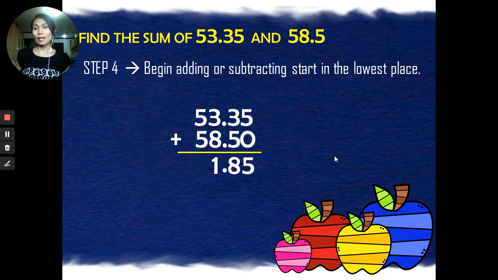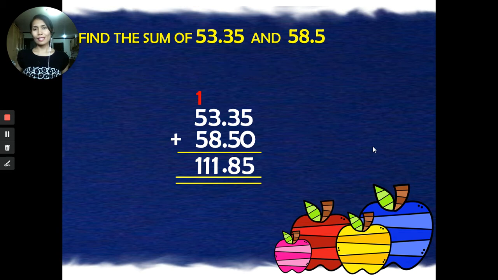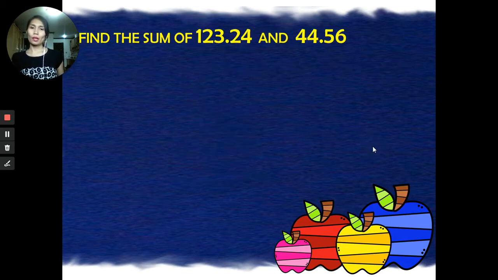That will be 1 plus 5 equals 6, plus 5 equals 11. Or you can simply do 5 plus 5 is 10, and then add 1. So that's 11. The answer is 111 and 85 hundredths. That's how to add decimal numbers.